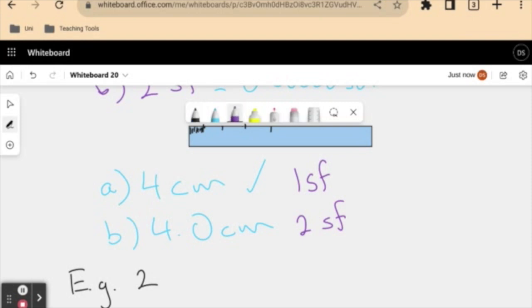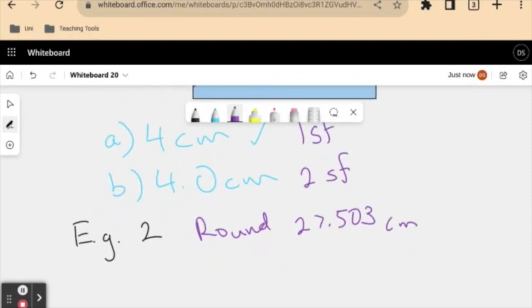If we wanted to round 27.503, let's say this is centimeters. Well, first of all, we know that there are 5 significant figures here. 1, 2, 3, 4, 5.